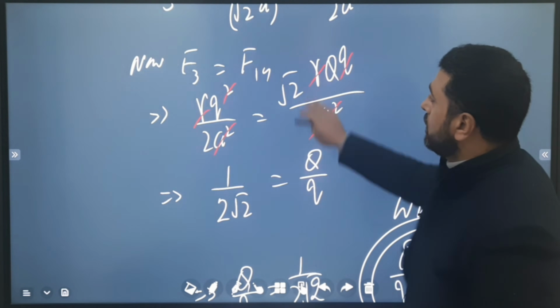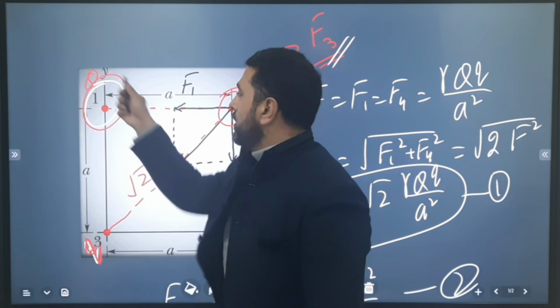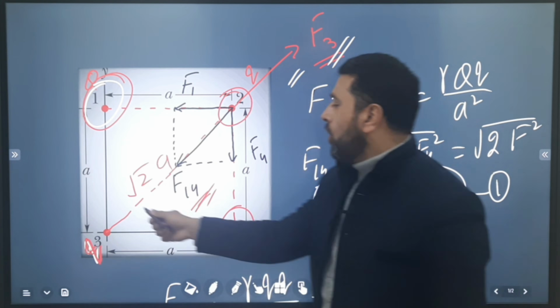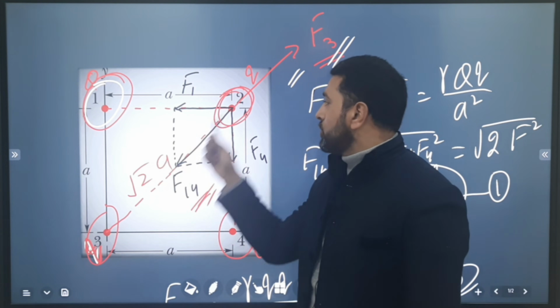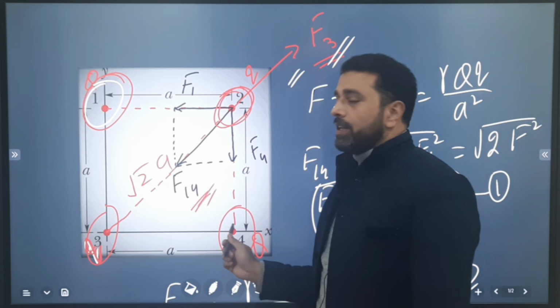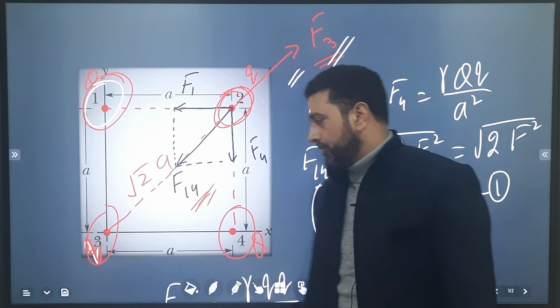Let's look at the diagram. So either this one and this one can be in equilibrium, or this one and this one can be in equilibrium. Net force on either this one and this one will be 0, or on this one and this one will be 0, because the conditions are different. Fine.